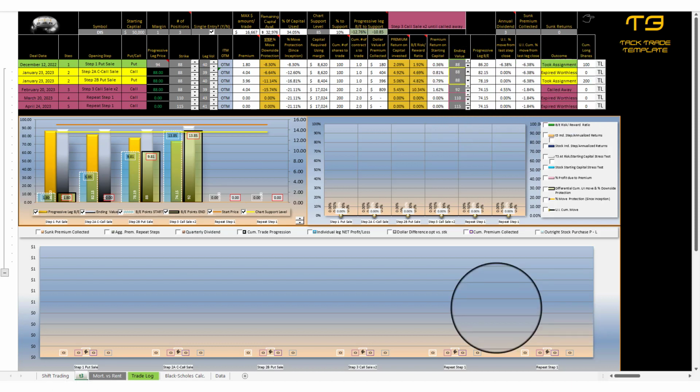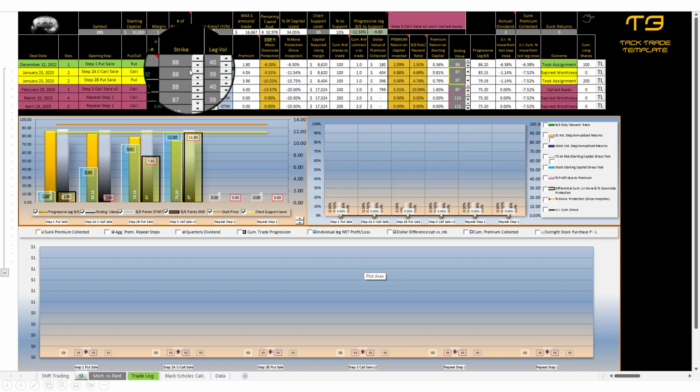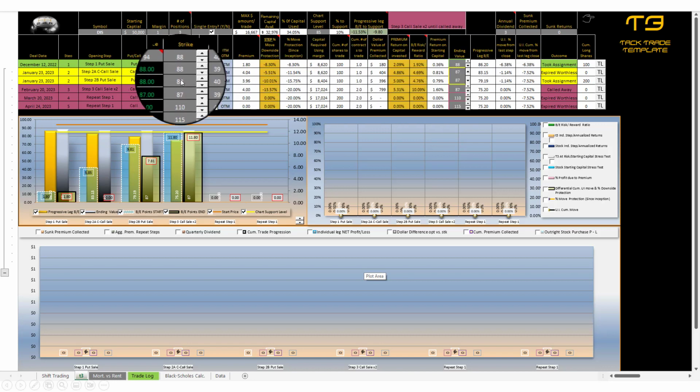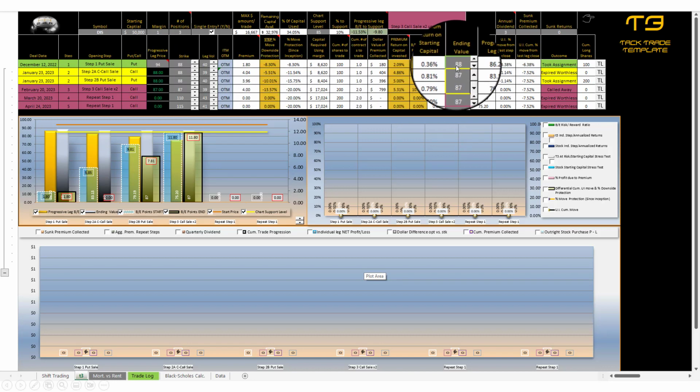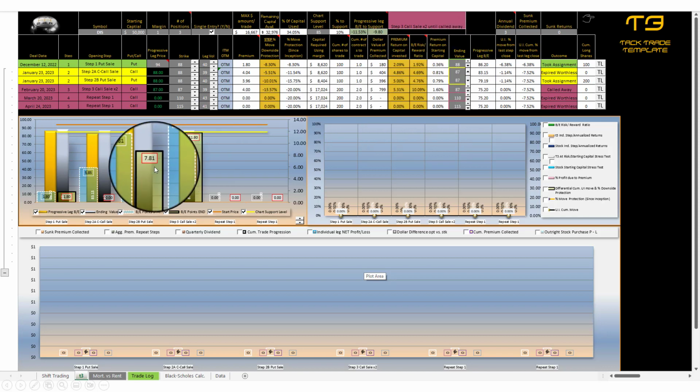If that were to happen, then of course the real power of this application is the what-if modeling capability. If I go back and change the closing price or the ending value in step 2 from 88 down to 87, we had sold the $88 call strike, closed at 87 hypothetically, which is $1 less than where we closed at the end of step 1.